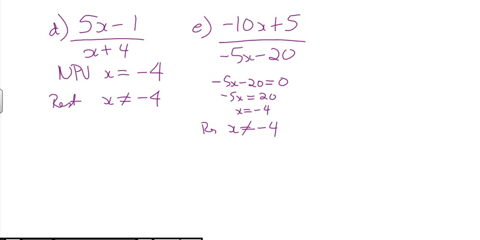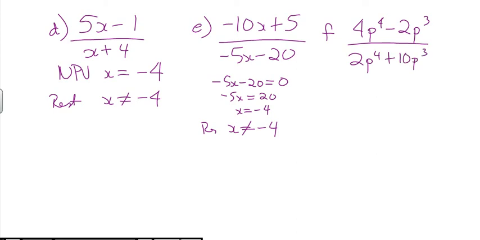4p to the 4th over 2p to the 4th plus 10p cubed. Okay, so the very first thing we're ever going to do with any rational expression is look for the restrictions or non-permissible values, whatever they happen to say. Okay, how do we do that? We take the denominator.